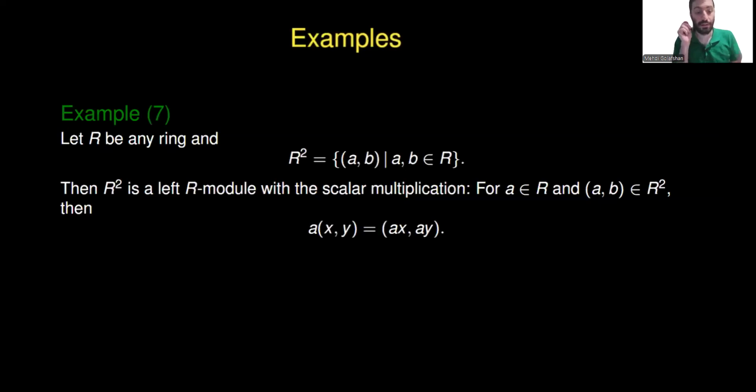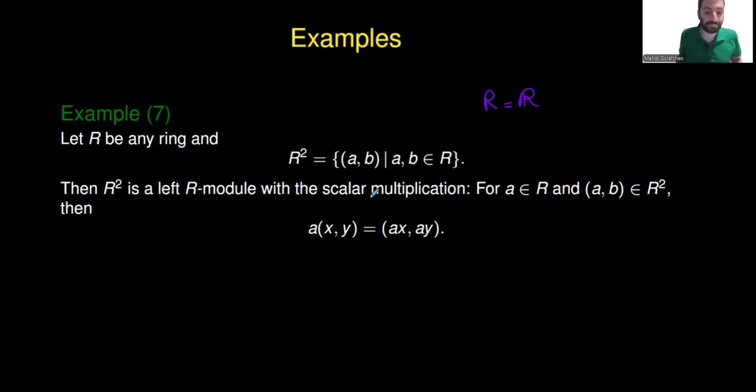So let R be any ring. Then let's look at R squared. It's more abstract stuff, but we can assign it to the Cartesian plane. In the Cartesian plane, R is the ring of real numbers. Real numbers are a field, so any field works. In this case it would be the plane, but here we have more abstract stuff.